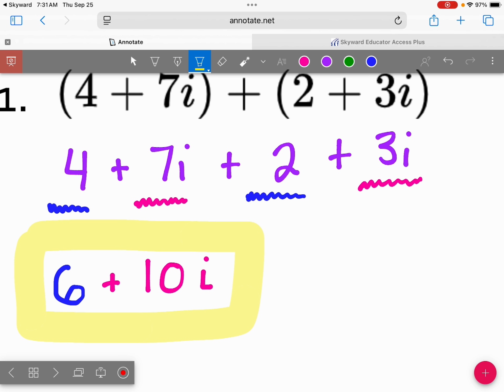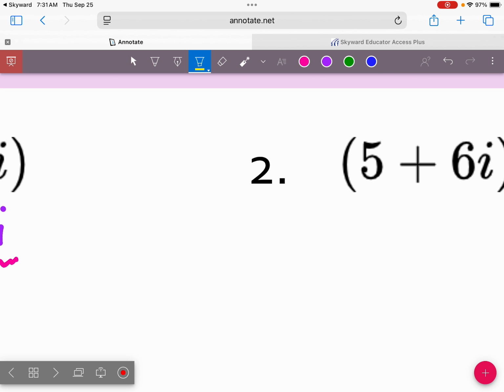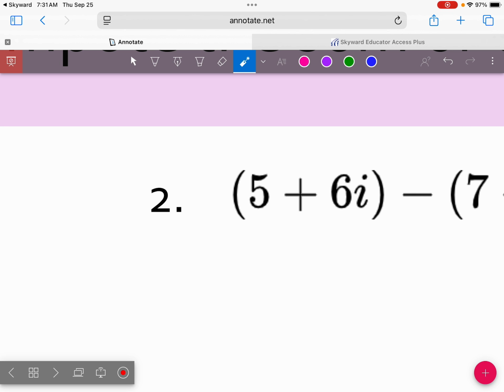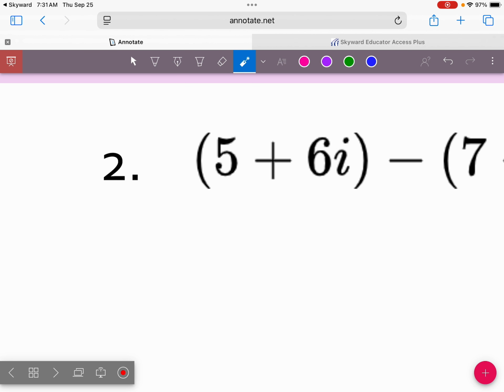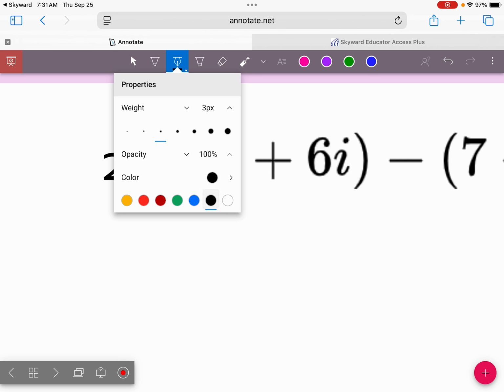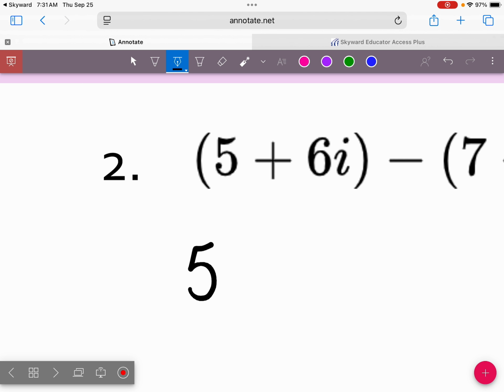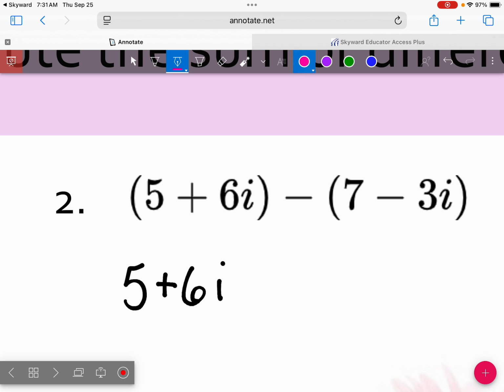They're not critically important. There's not a number out in front that I would need to distribute. There's no powers on things. Nothing's going weird. So this is the exact same thing as if I had my 5 plus 6i, and then we distribute this minus sign through because I need to subtract the 7 and I need to subtract negative 3i.